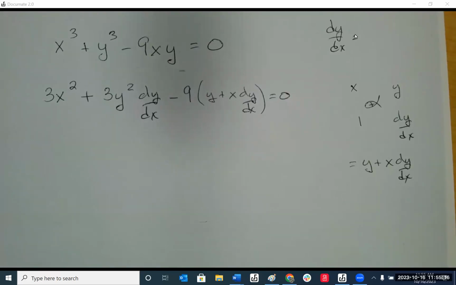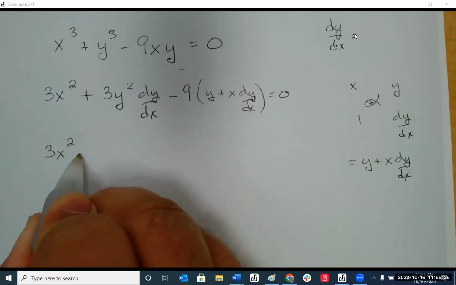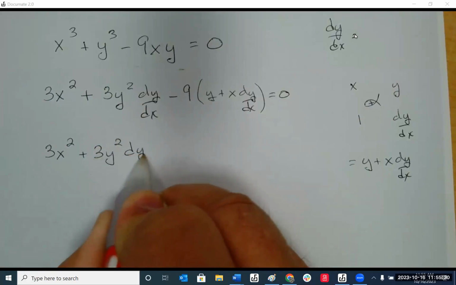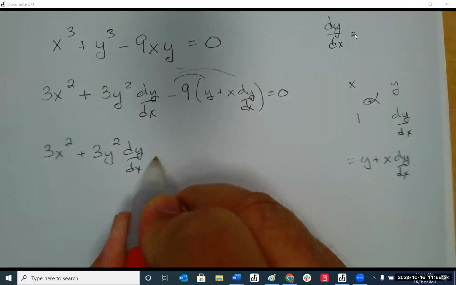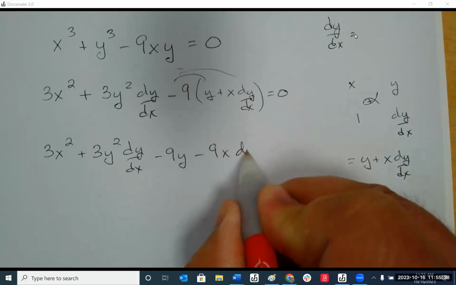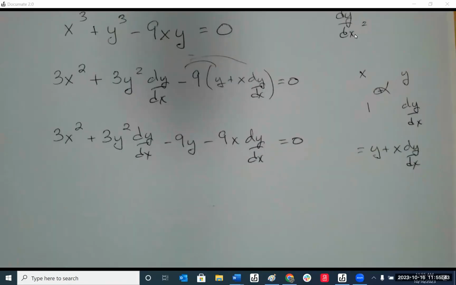Remember, the first phase is find the derivative of each of them and then solve for dy dx. Well, we have to set it up first, because we have to distribute that in there. We have to get rid of that parenthesis.